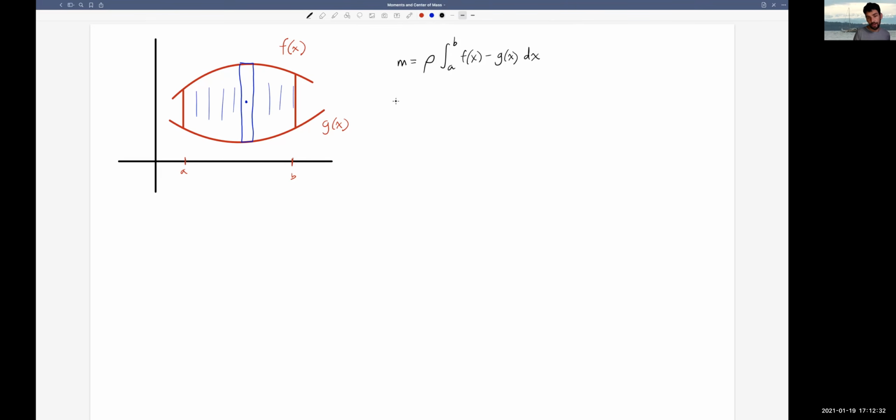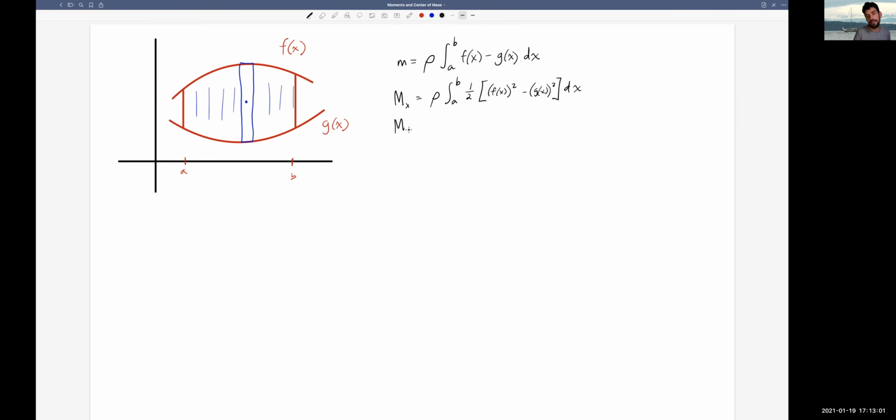The moment with respect to the x-axis is equal to rho times the integral from a to b of 1/2 f of x squared minus g of x squared dx.